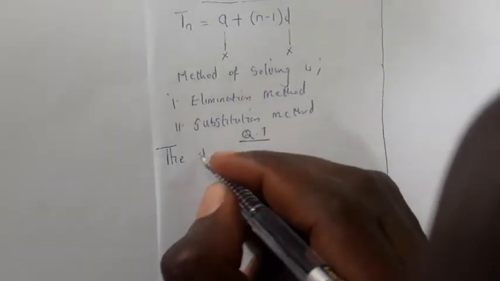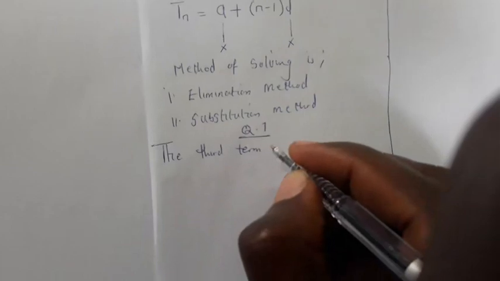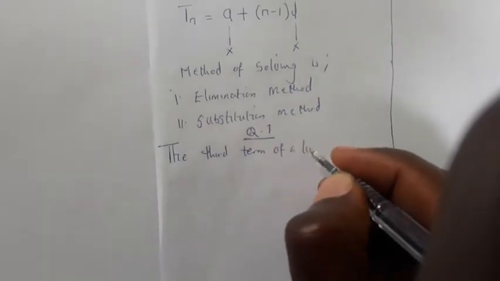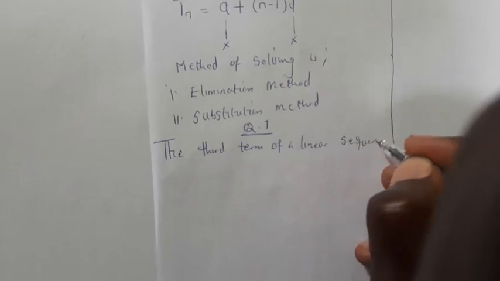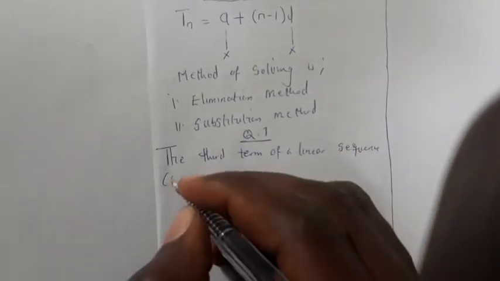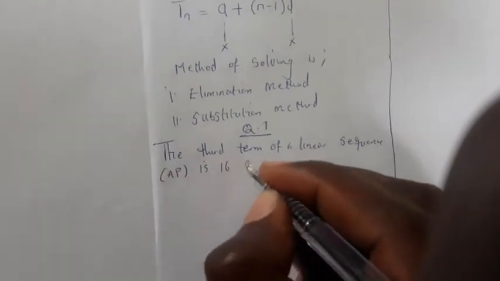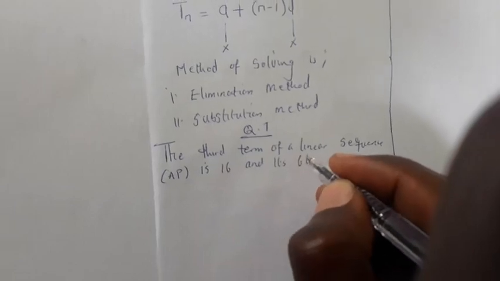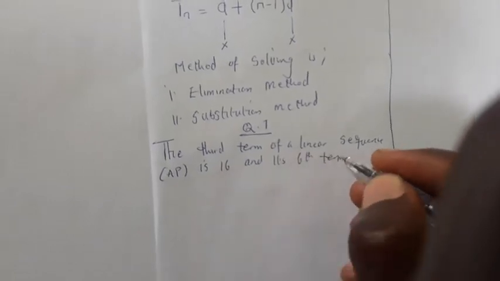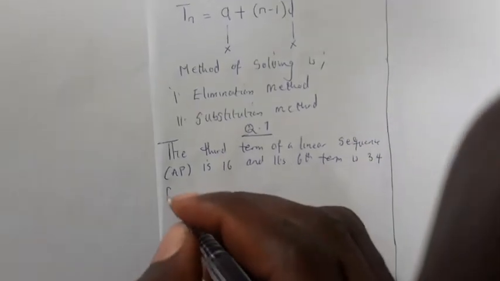The third term of a linear sequence, AP, is 16 and its sixth term is 34. Find the second term.